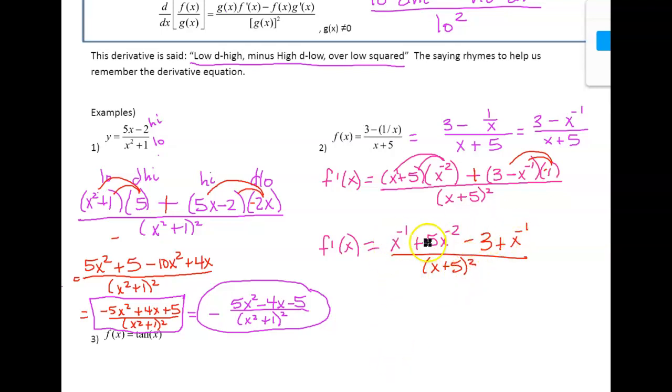Well, these are going to be the same, so I'll combine. We get 2x to the -1 plus 5x to the -2 minus 3 all over this. That could be the multiple choice answer. You never know. They might rewrite this with powers. I'm really okay with this if it's not multiple choice. The 5 goes on top.